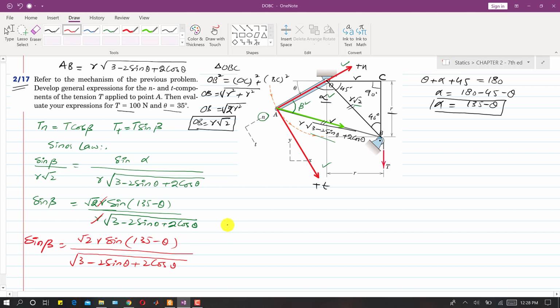And now if I write the Tt component, Tt is T sine of beta, right?